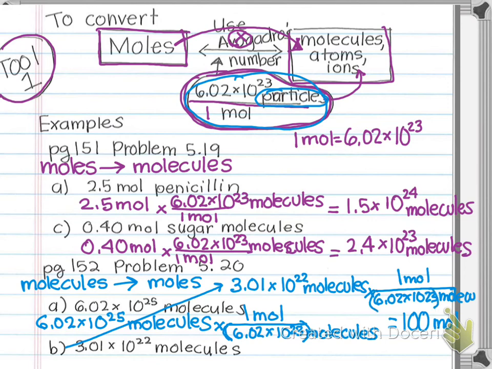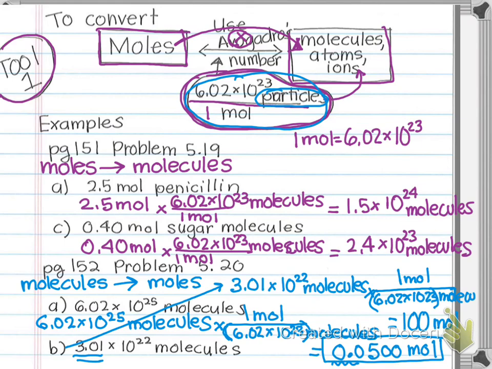So 3.01 times 10 to the 22nd divided by 6.02 times 10 to the 23rd gives me 0.05 moles. Now, if I wanted 3 significant figures, the zeros in the front are not significant, so I'd have to add zeros after the 5 if I wanted to do that. So there's the answer for the second one.